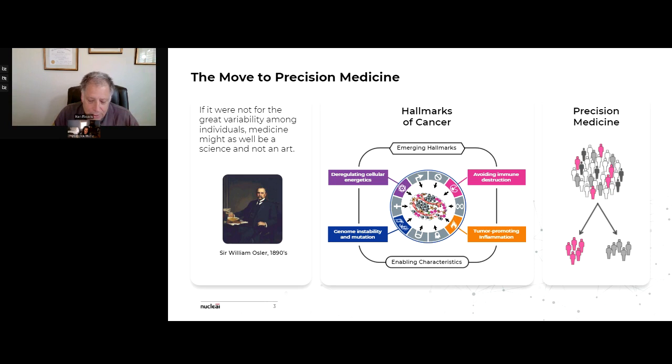Things like immunohistochemistry, flow cytometry, in situ hybridization, polymerase chain reaction, next generation sequencing allowed a deeper understanding and more granular classification of disease. Understanding the hallmarks of cancer allowed us to identify and target vulnerabilities in individual cancers, and this led to the concept of precision medicine.